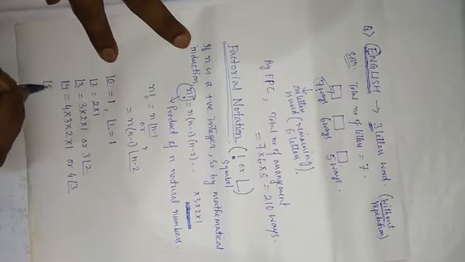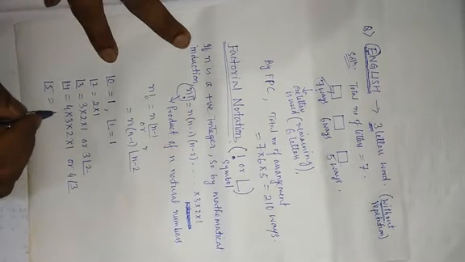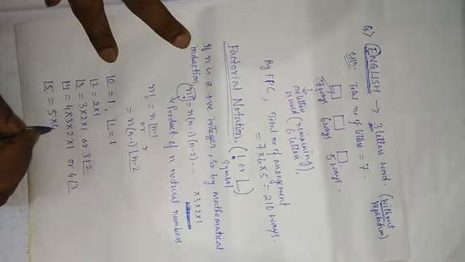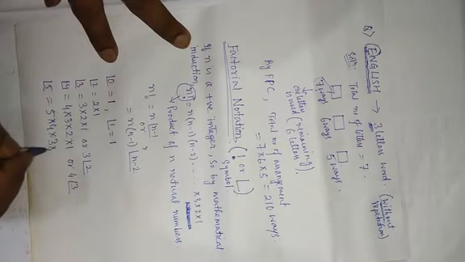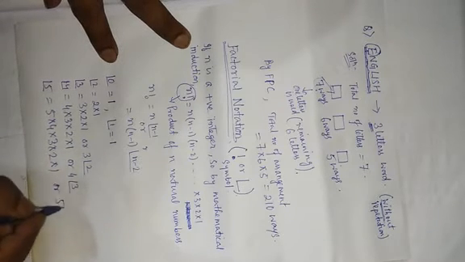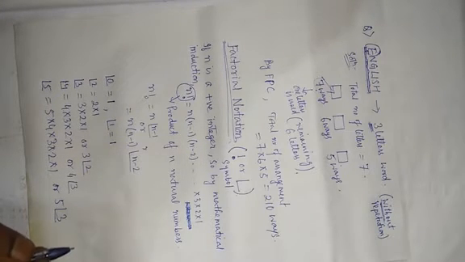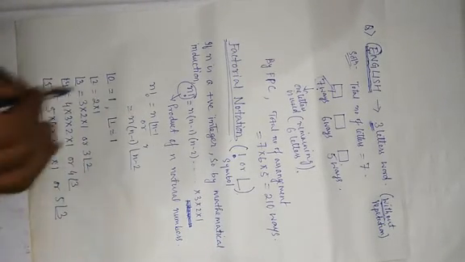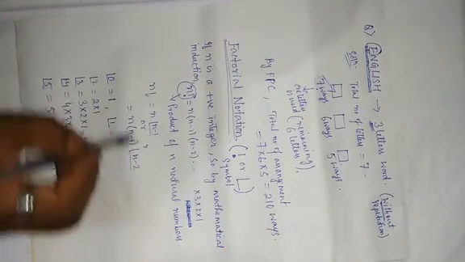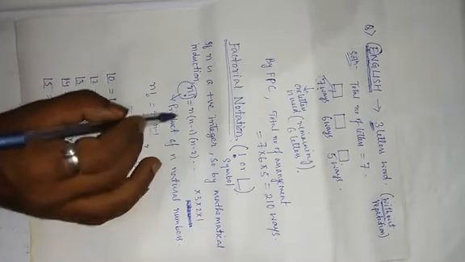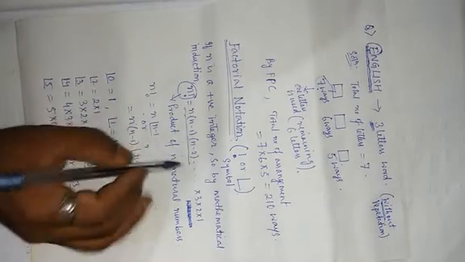Same way, let me take one more. Factorial 5 can be written as 5 into 4 into 3 into 2 into 1, or I can write it as 5 into 4 factorial. So this is a simple topic, factorial notation. These values have come from the formula of nothing but this.